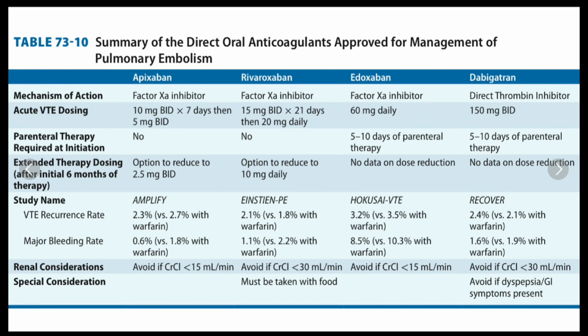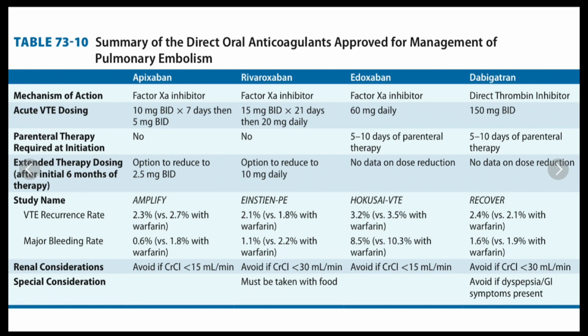Then comes rivaroxaban. It is also a factor 10A inhibitor. The dose is 15 milligram BD for 21 days, then 20 milligram daily. Parenteral therapy is not required at initiation. We can give it after 6 months at a dose of 10 milligram daily.